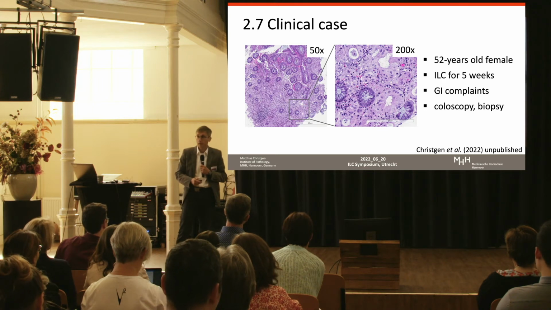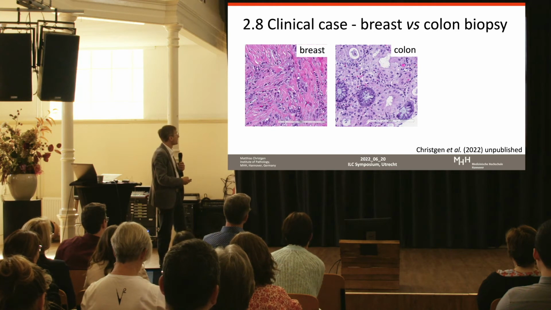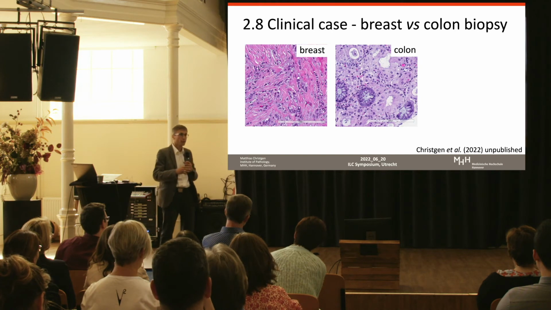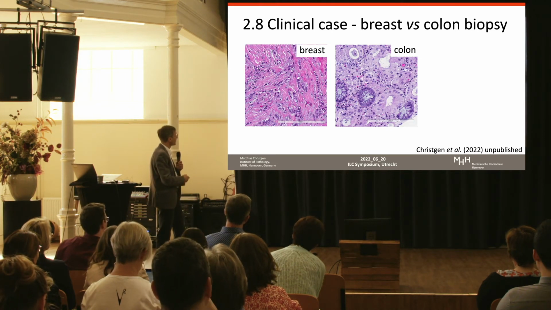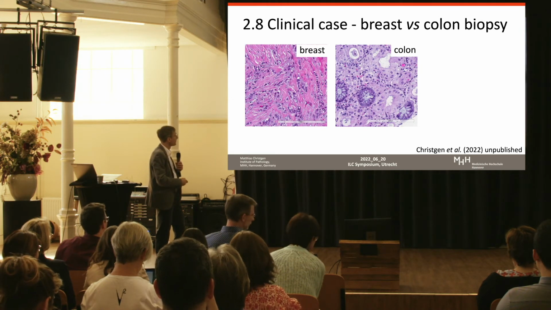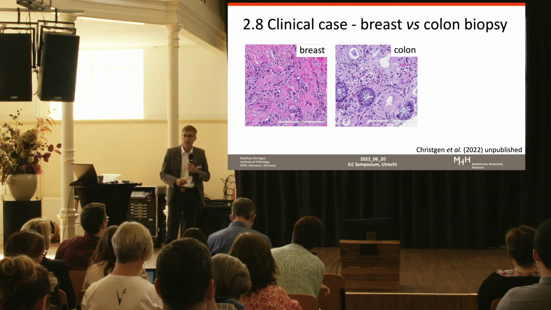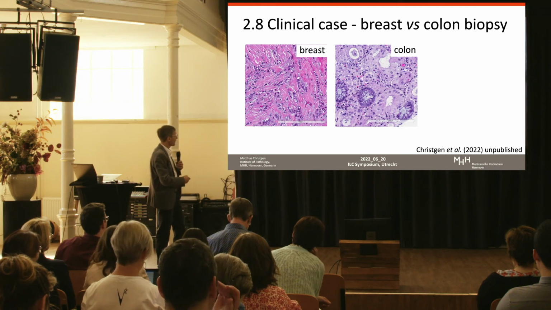A direct comparison of the tumor biopsies from the breast and the colon showed two completely different growth patterns. In the breast, there were small tumor cells growing in single-file linear cords, as ILC usually does, but in the colon, there were cohesive tumor cells with plenty of cytosol growing in tubules. The local pathologist couldn't classify the lesion in the gut.